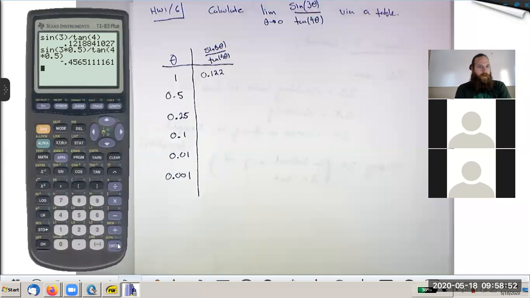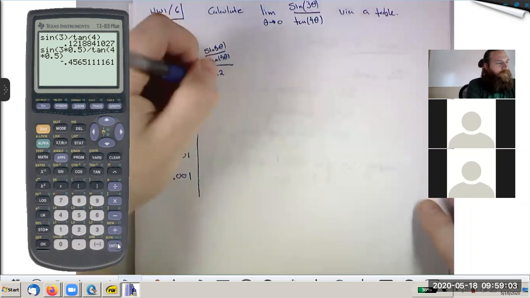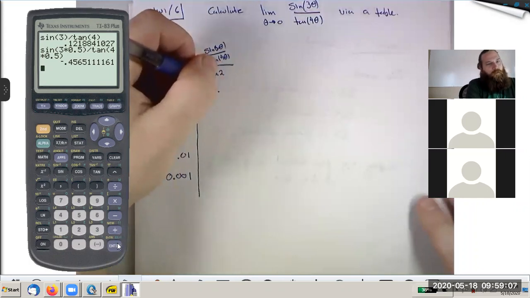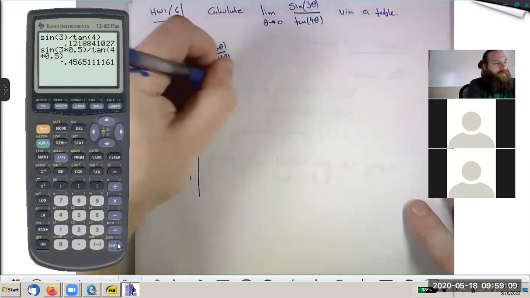Which is negative 0.456. Is that right? Did I type that in right? 3 times 0.5, 4 times 0.5. Sure, okay. So that's negative 0.457, really. Around there.